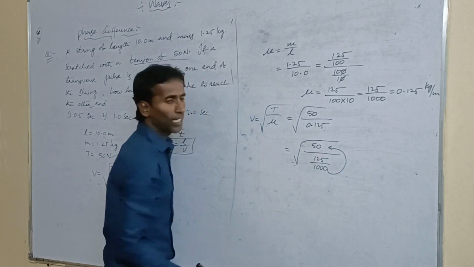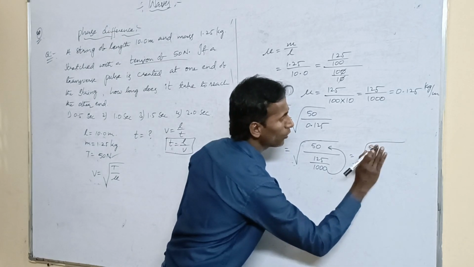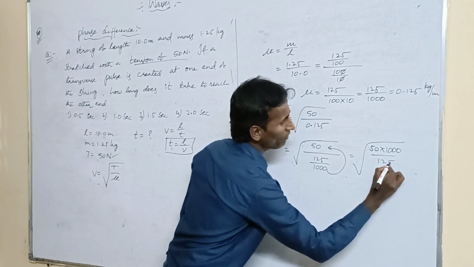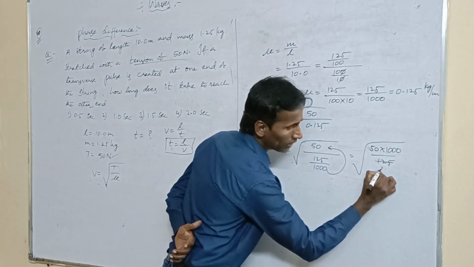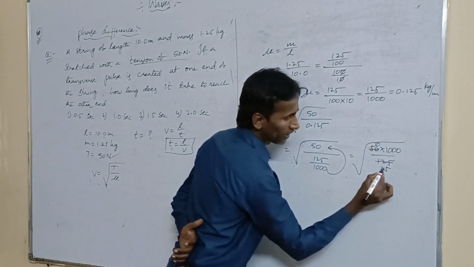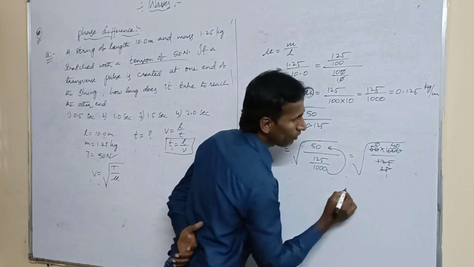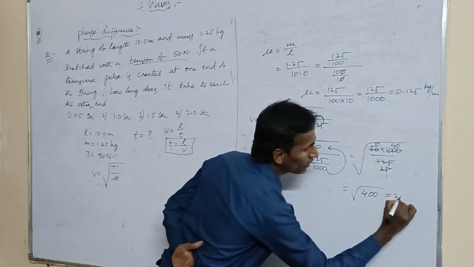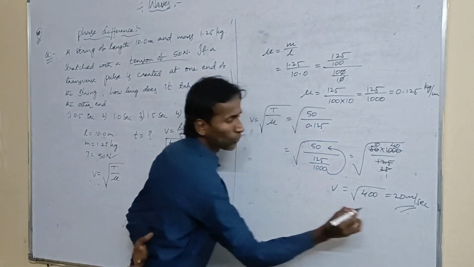Again this 1000 goes as a numerator, so under root of 50 into 1000 by 125. Now we cancel: 5 2 10, 5 5 25. 5 10 50, 25 1 25, 25 4 100, means 40. 40 10 is 400. Root of 400 is 20 meter per second. This is the V value.